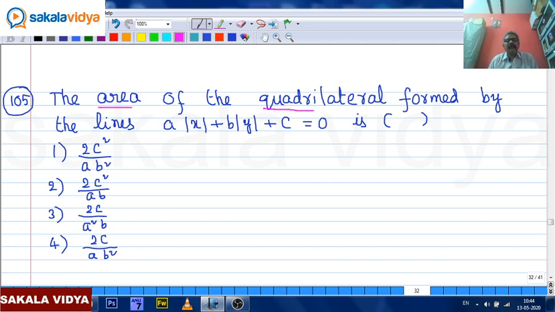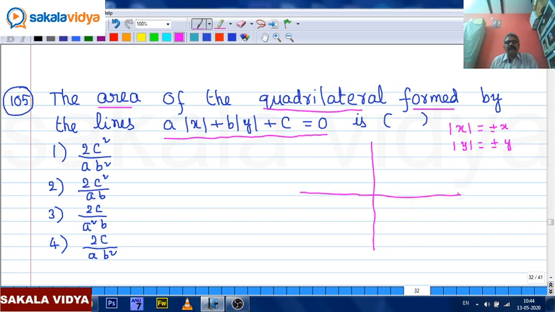Area of the quadrilateral formed by the lines a mod x plus b mod y plus c equals 0. That means mod x you can take plus or minus x, mod y you can take plus or minus y. You get 4 lines. So you take the coordinate axes. For example, if you consider the positive sign, you get a line like this. For the other sign, you get it like this. In total you get 4 lines.